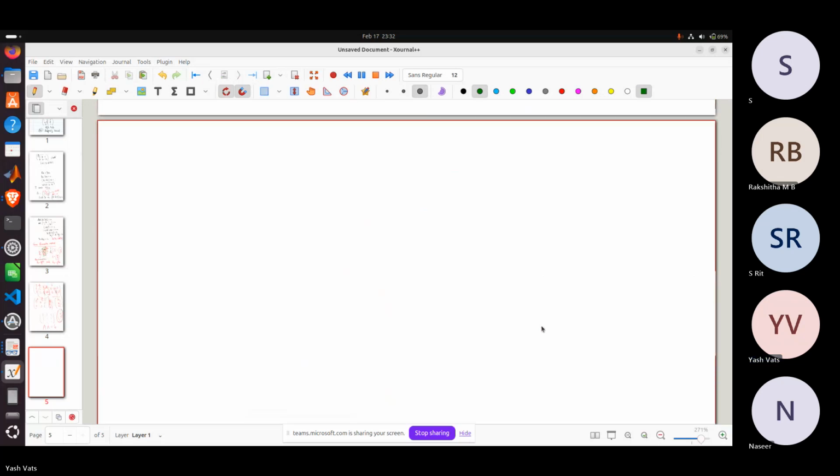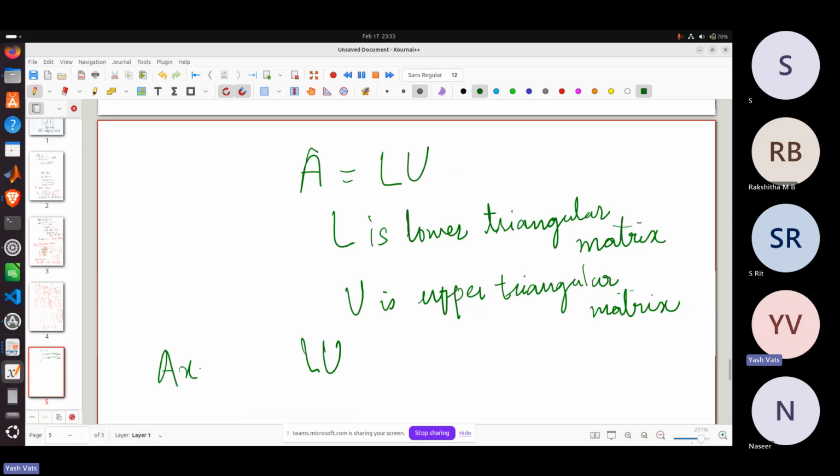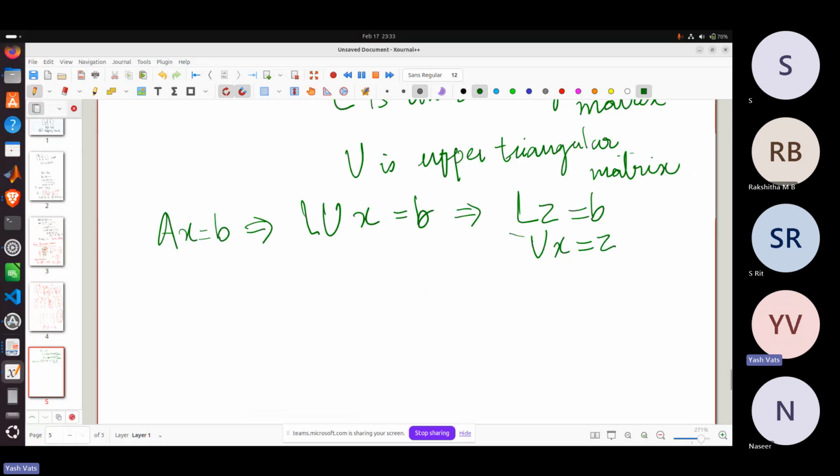Okay, so if you have A equals LU, where L is a lower triangular matrix and U is your upper triangular matrix, then if you have Ax equals b, that implies LUx equals b, that implies Lz equals b and Ux equals z.